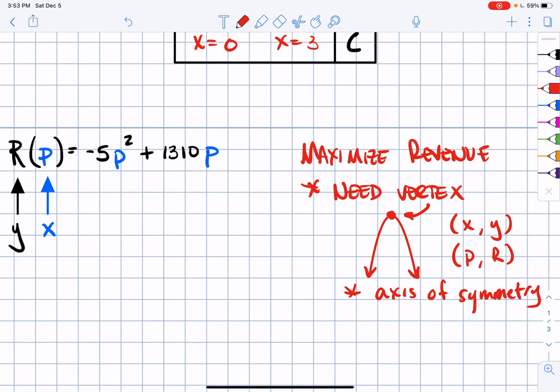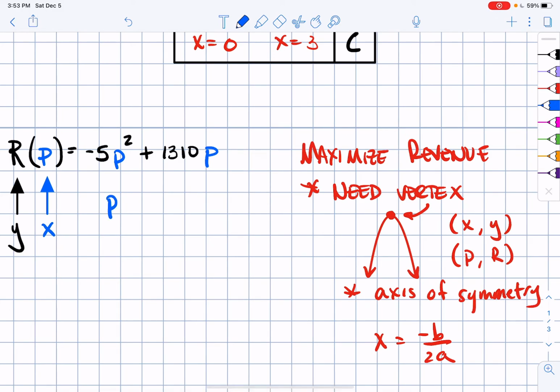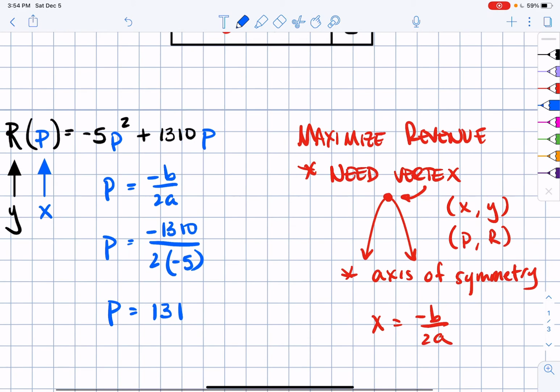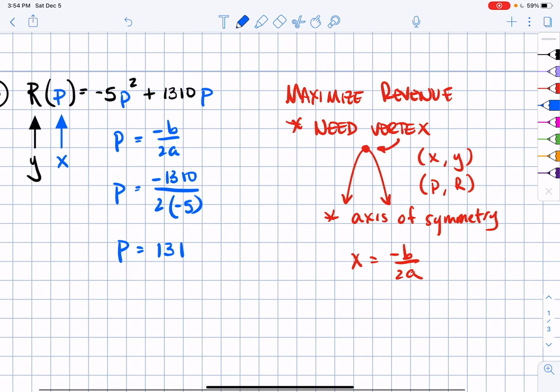To find the axis of symmetry, that is X is equal to negative B over 2A. In this case, P is equal to negative B over 2A. So P is going to equal negative 1310 divided by 2 times negative 5. So P is equal to 131.